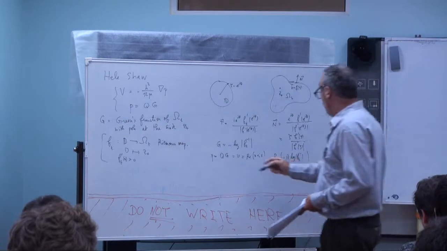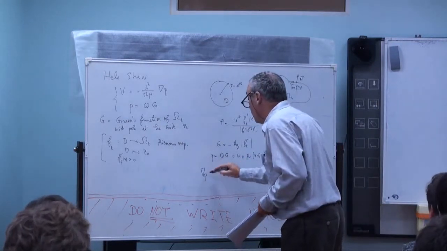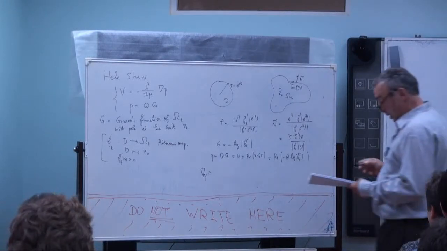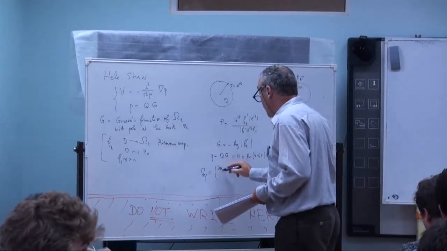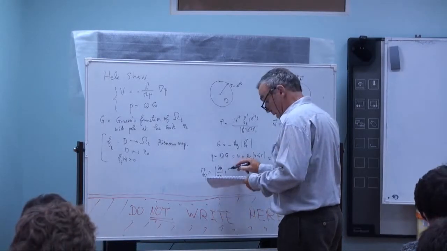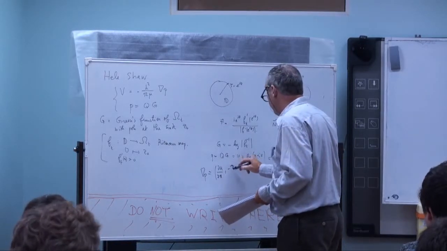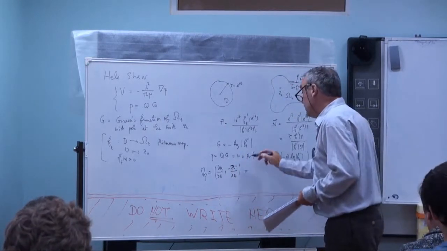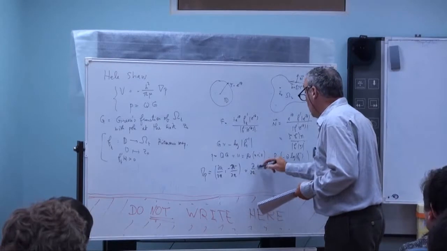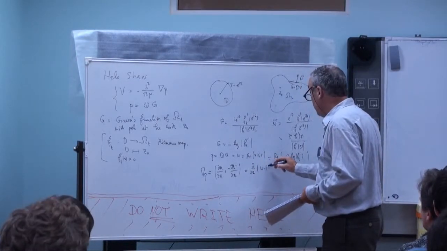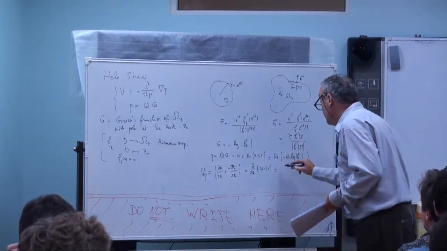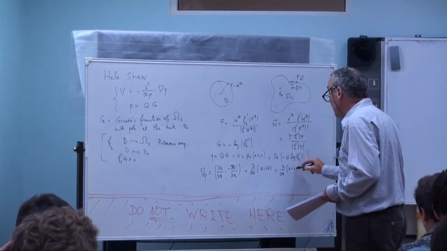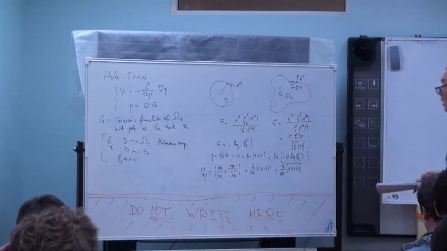Now the gradient of P, just by the Cauchy-Riemann formulas, will be du dx minus i dv dx. So this is d dx of u minus iv, which is d dx of the conjugate of u plus iv.